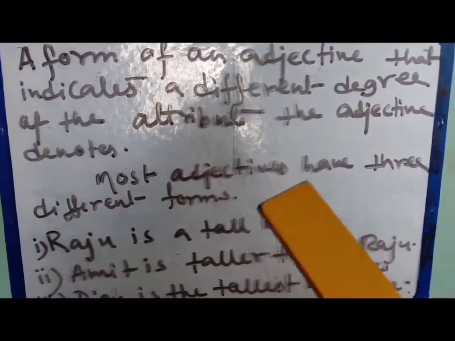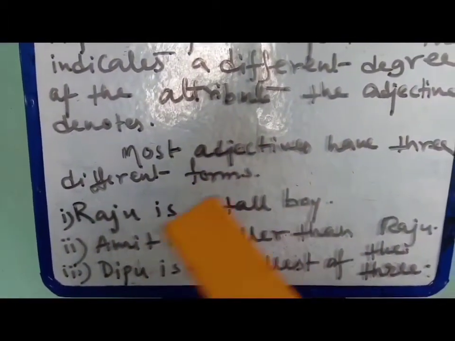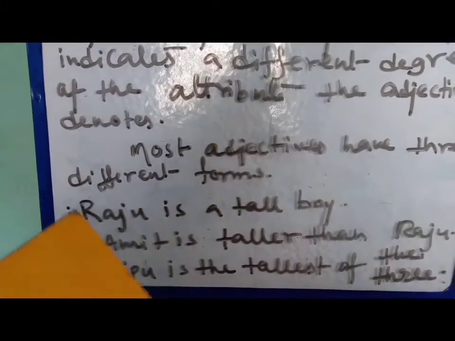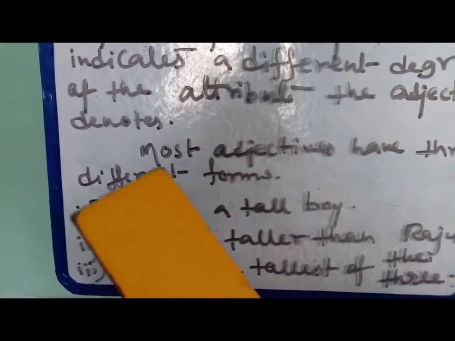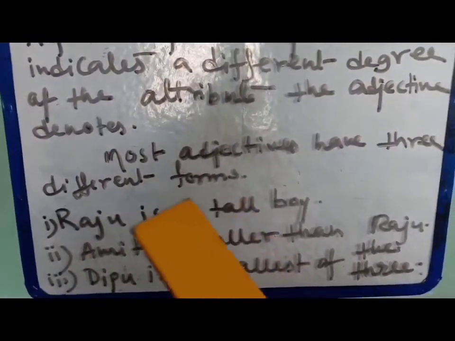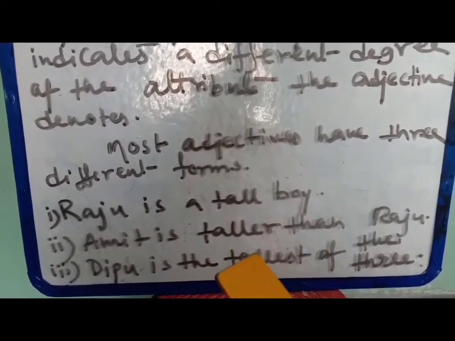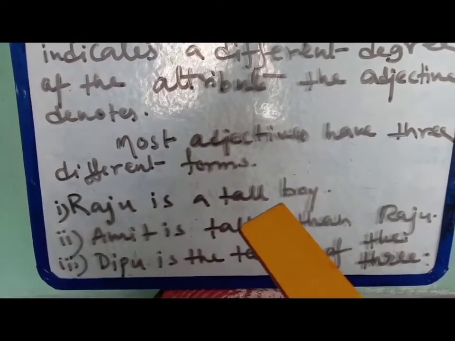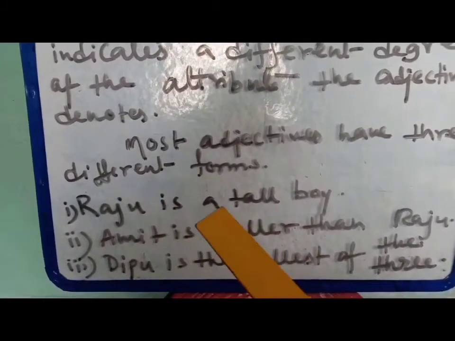Now most adjectives have three different forms. What are the three forms here? I have already discussed them: positive, comparative and superlative. Now I have written three example sentences here. The first one is, Raju is a tall boy.